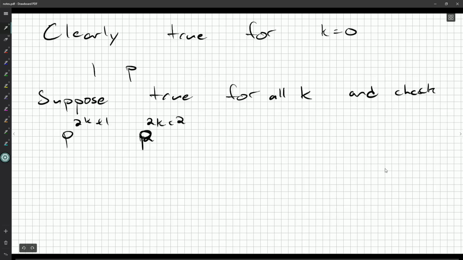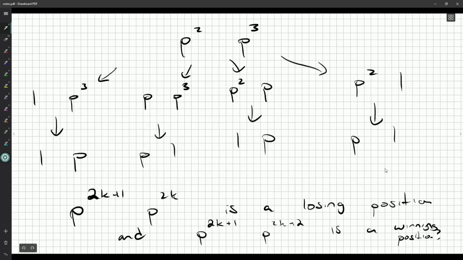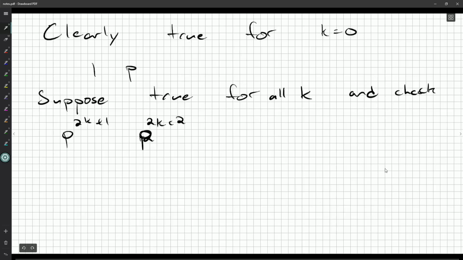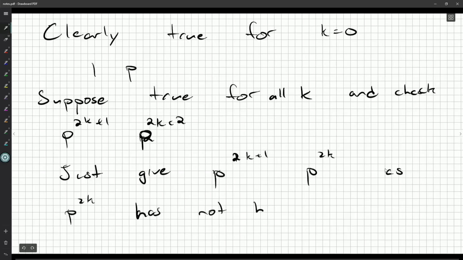Alright, so I claim that this is a winning position because I can force them to get a losing position. Just give p to the 2k plus 1, p to the 2k, as p to the 2k has not been played yet, since both m and n were greater than p to the 2k.